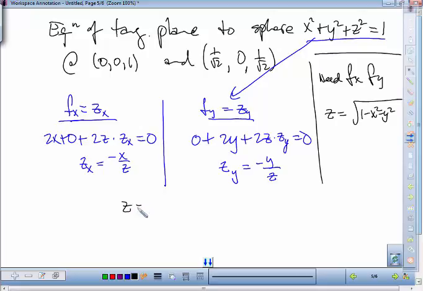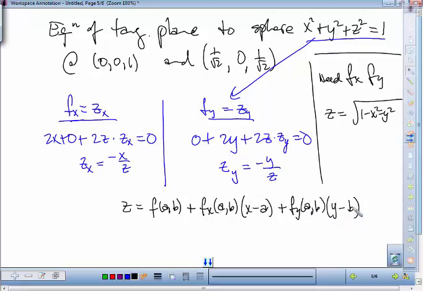Let's use z is equal to f of ab plus fx of ab, x minus a plus fy of ab, y minus b.